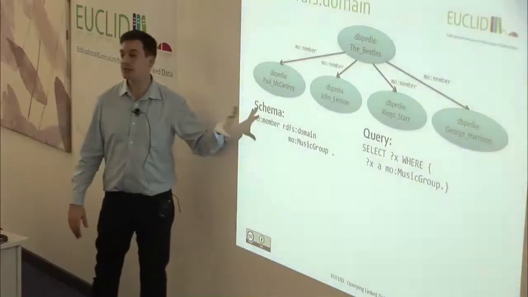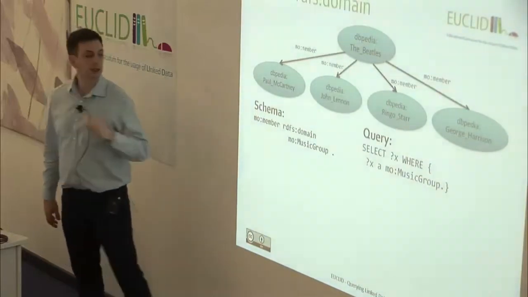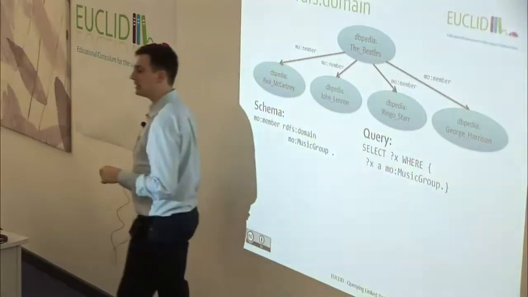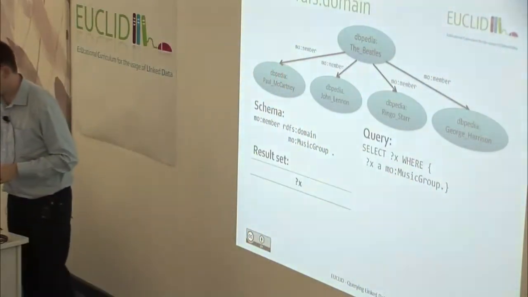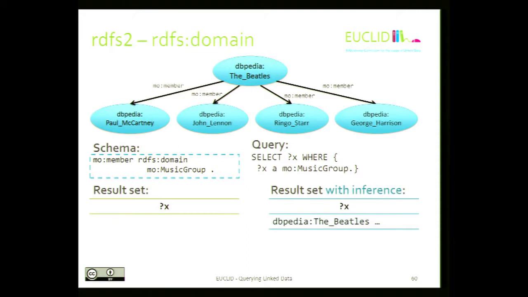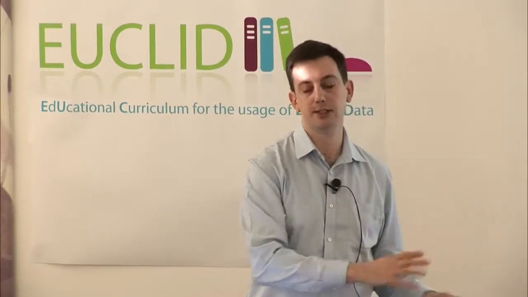But because we have this schema, this ontology statement, if we ask the query, tell me all of the x's where x is in this class of MusicGroup, then we will get back, because of inference, if we have entailment according to the RDFS scheme, the result, the Beatles. So there's several possibilities for filling in the results like this, not based on what's been explicitly stored in the data set, but based on what can be inferred from the data set according to the schema or ontology.